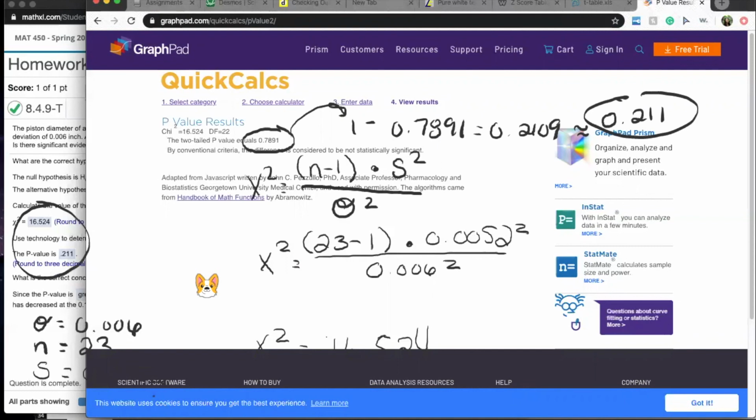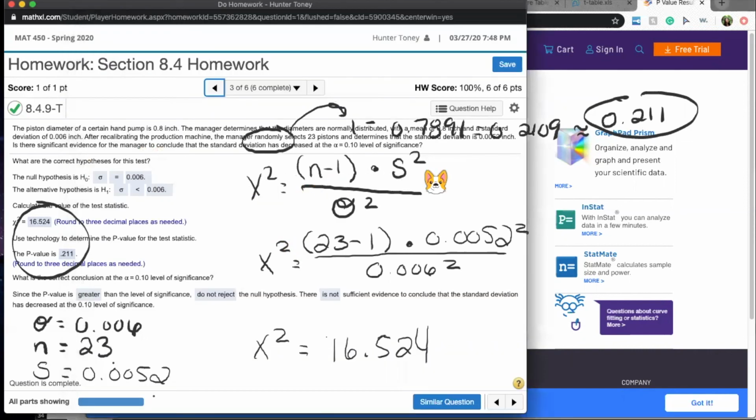So that's how you could do it by hand, or mostly by hand. I guess you still have to use a calculator. But let's also look at how we can do it in StatCrunch. Like we talked about with the previous problem, when you're using StatCrunch, we only have an option for variance.